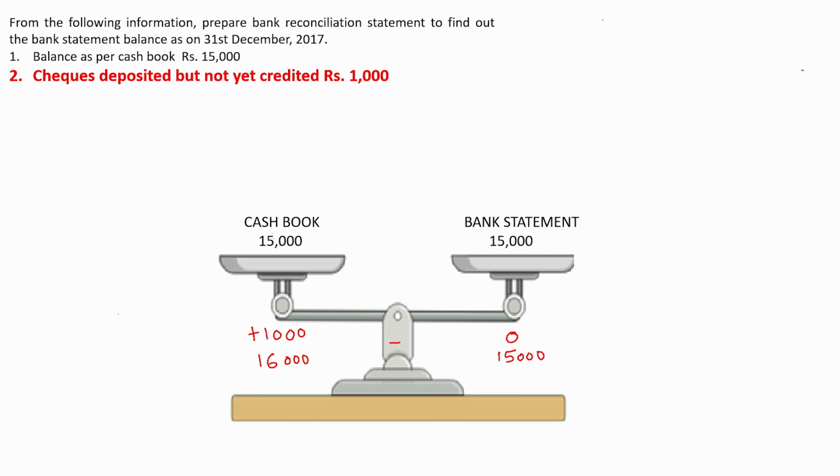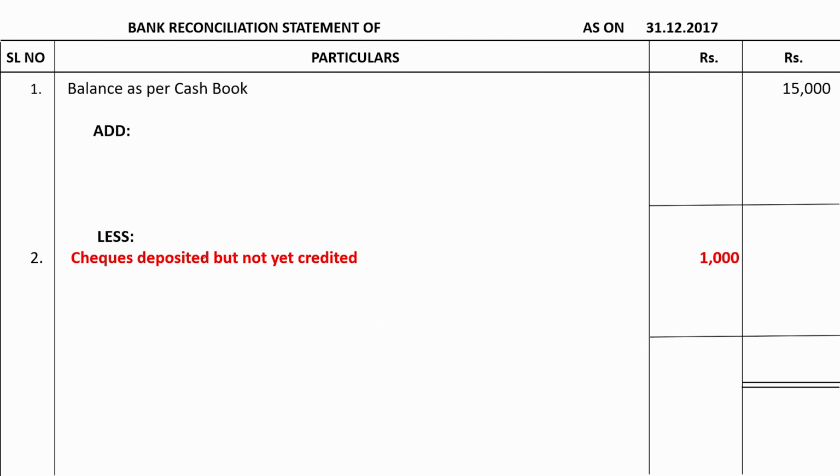To make this equal, we have to adjust in the base book, which is the cash book. We have to minus 1,000 from the cash book balance in the bank reconciliation statement. Check deposited but not yet credited is shown as a deduction from the cash book balance.